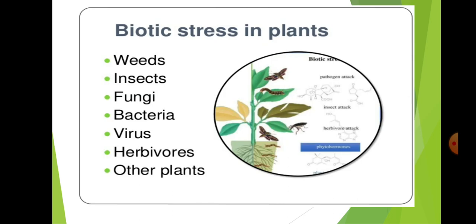In biotic stress, the plants suffer from the attack of insects, bacteria, viruses, herbivores or other factors. In such cases, the plant suffers from certain kinds of diseases which adversely affect the growth and yield of that particular plant.